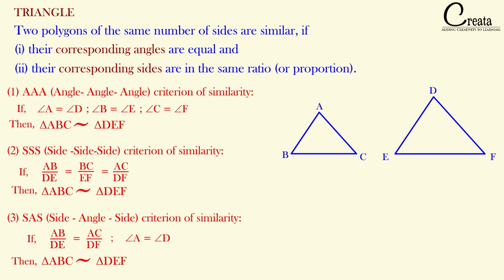So these are the three criteria, the three similarity rules, through which we can check whether two triangles are similar or not. So we have understood the concept of similarity of triangles.